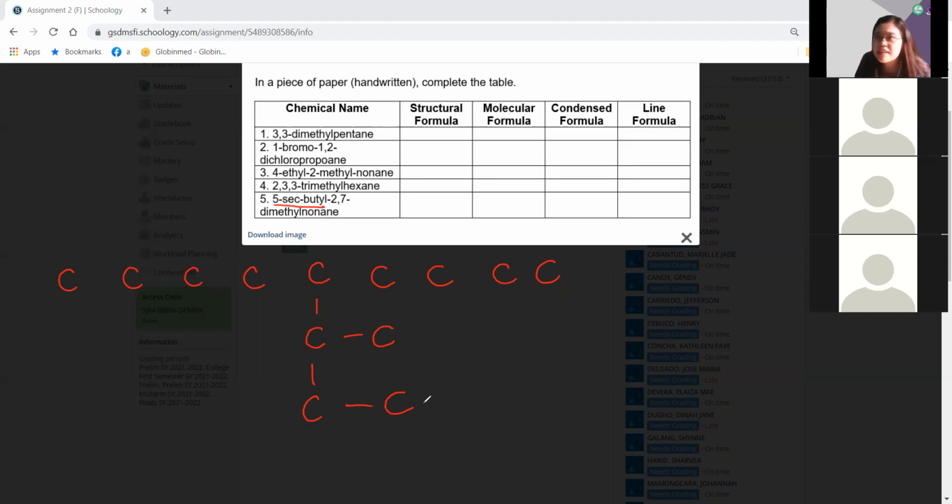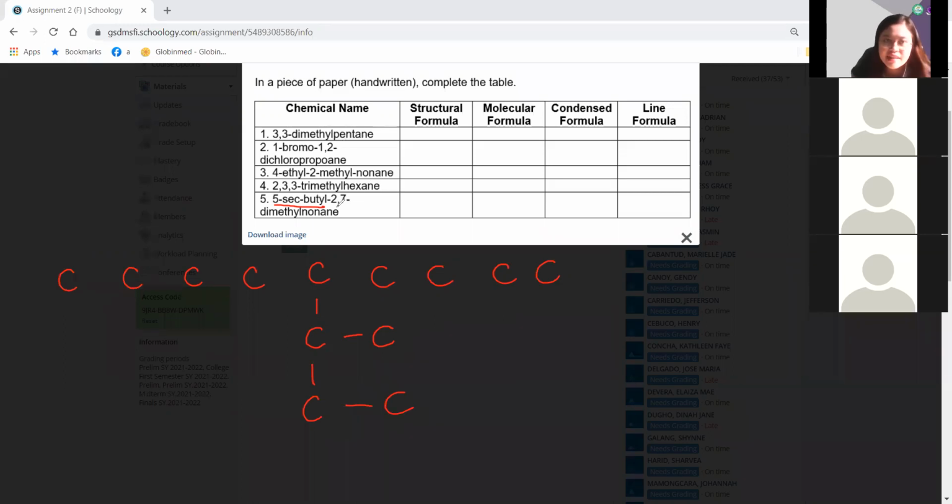Pag sec-butyl, nasa second carbon ang bonding. Hindi siya sa end. Okay? Kaya kung end na siya, butyl lang ang tawag. Kung straight chain na 4 na carbon, butyl lang talaga ang tawag. Pero pag may nakalagay na sec, meaning the bonding is on the second carbon. I mean the bonding to the parent chain.